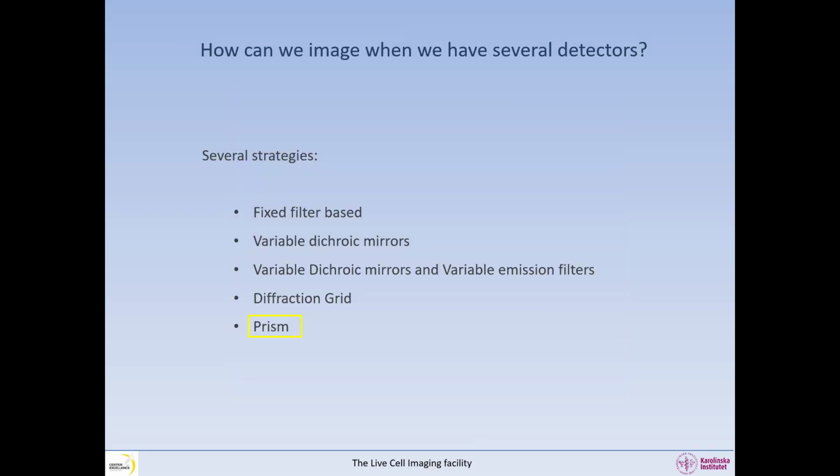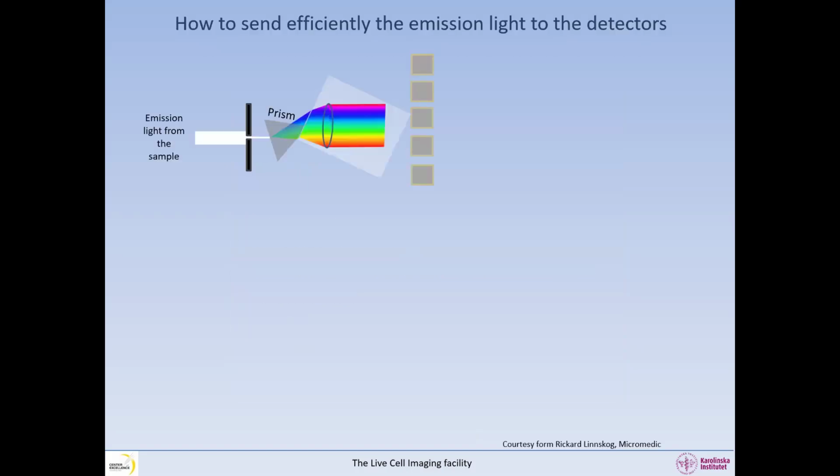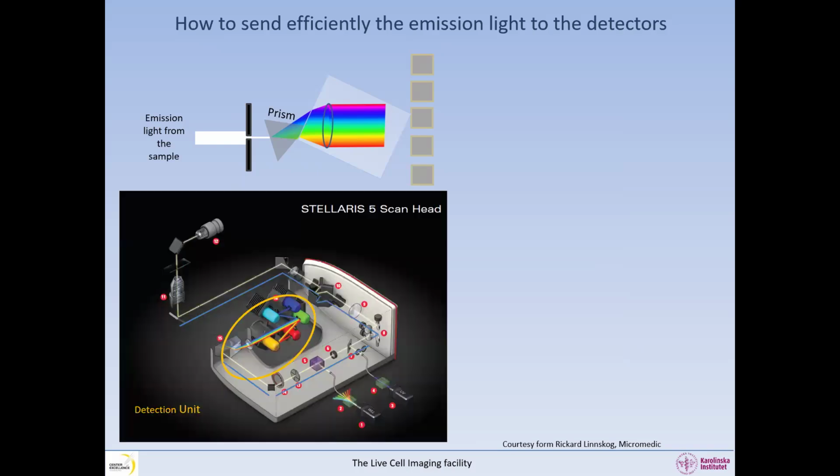Now, we didn't talk about Leica, which uses a prism to split the light into its rainbow components and then sends it to its detectors. They have 5 detectors. For example, this is an image of how it looks in the Stellaris 5 scan head.